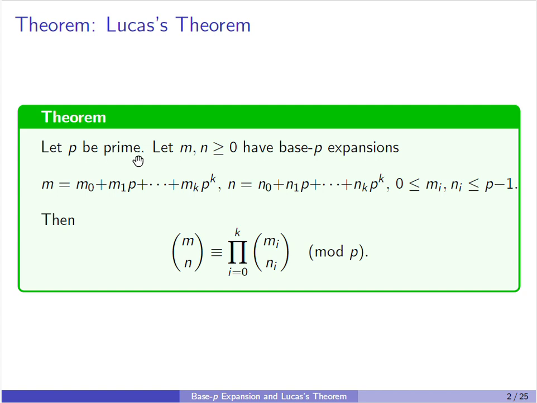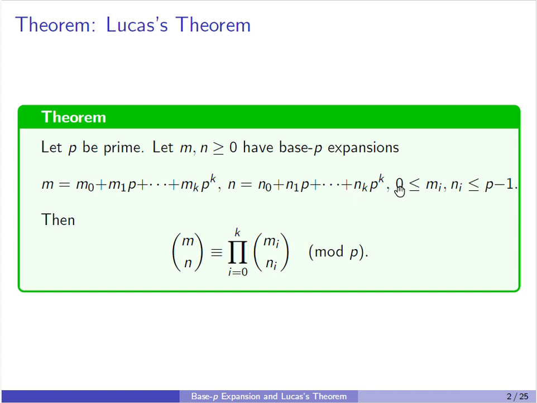So if you have a prime P and M and N are non-negative integers, then these numbers have a base P expansion. So essentially you can write M as M0 plus M1P plus and so on, MK P to the power K. The same thing for N, you can write N in base P. The base P expansion of N is this.